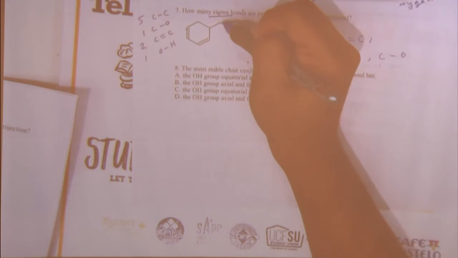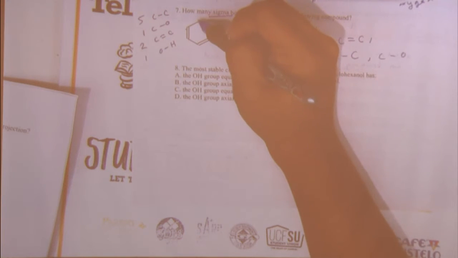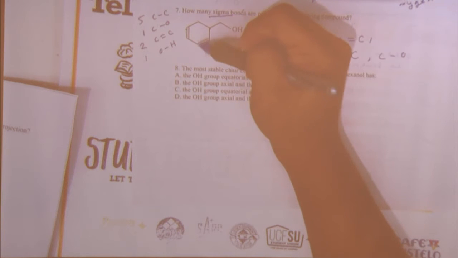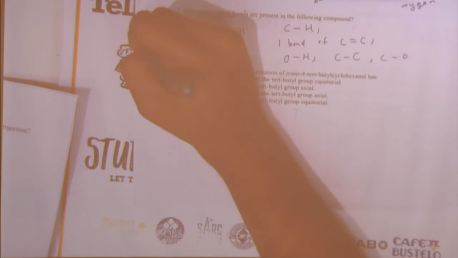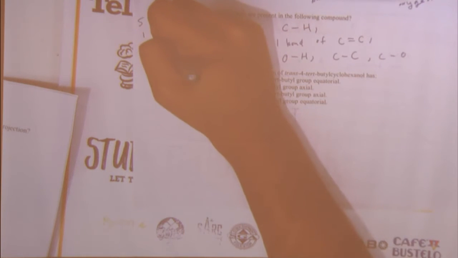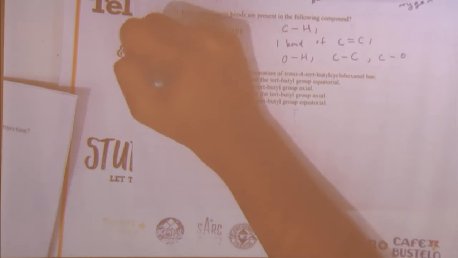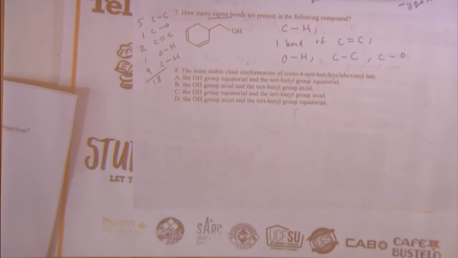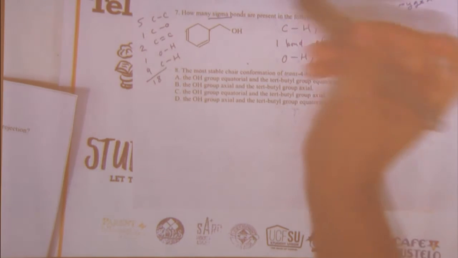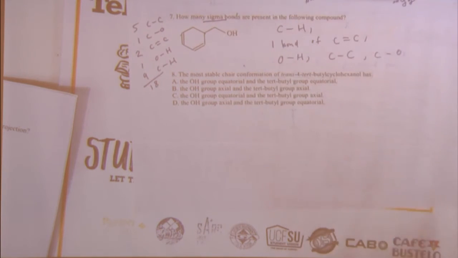So that would be 1, 2 here, 3, 4, 5, 6, 7, 8, 9 CH bonds, which will total up to 18 total sigma bonds. As opposed to this, the extra pi bonds would just be 2.